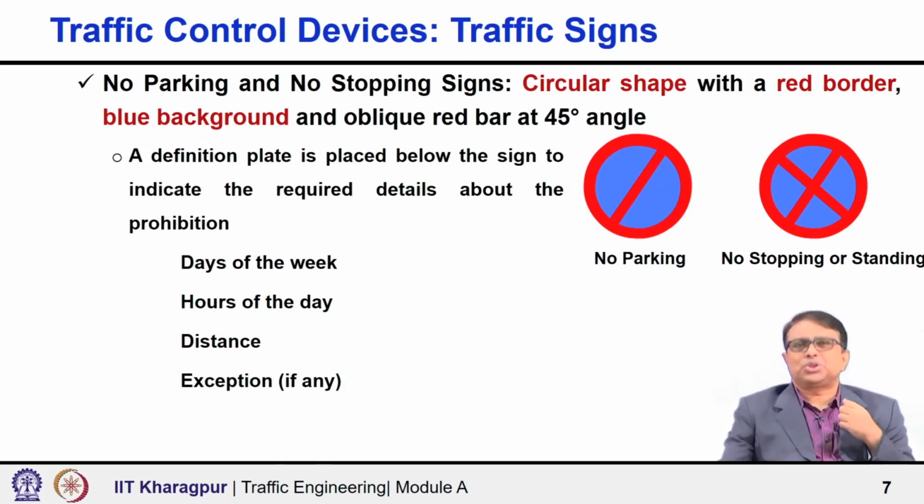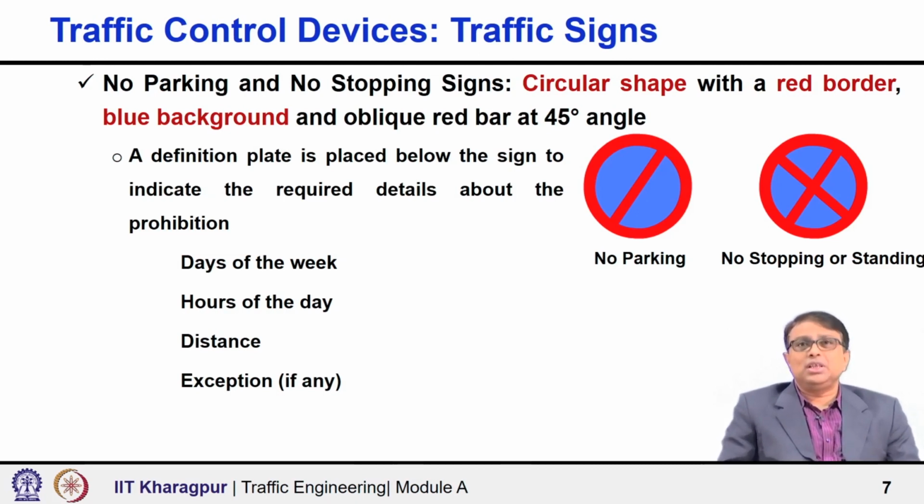Then no parking, no stopping signs, you can see clearly they are again circular in shape with a red border, blue background and an oblique bar at 45-degree angle. There is a difference between no parking and no stopping signs. No parking means parking is not allowed, but momentarily you can stop, maybe the co-passenger wants to get down or you want to just pick up your friend and then proceed.